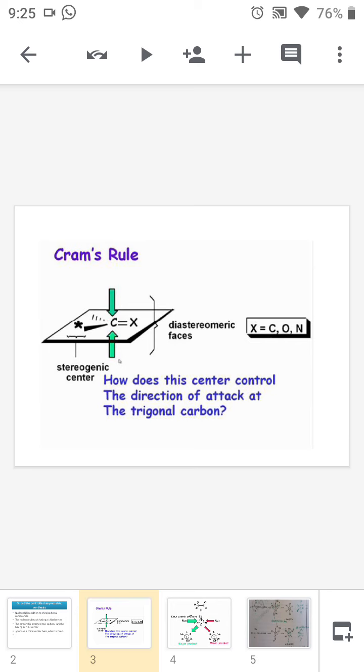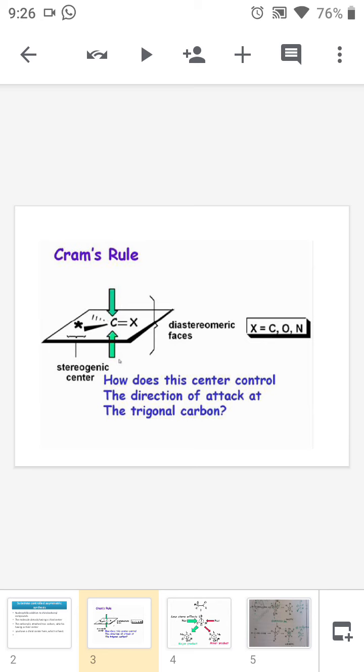According to Cram's rule, we should arrange the substituents attached to the chiral carbon atom, which is already present in the starting material. I have shown the chiral center with an asterisk sign, and we have to arrange the substituents connected to this chiral carbon atom as small, medium and large.